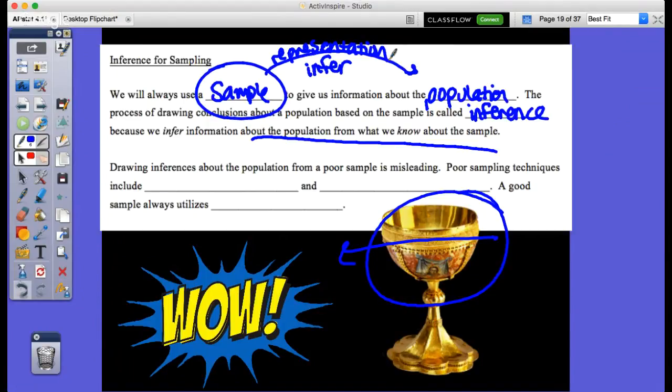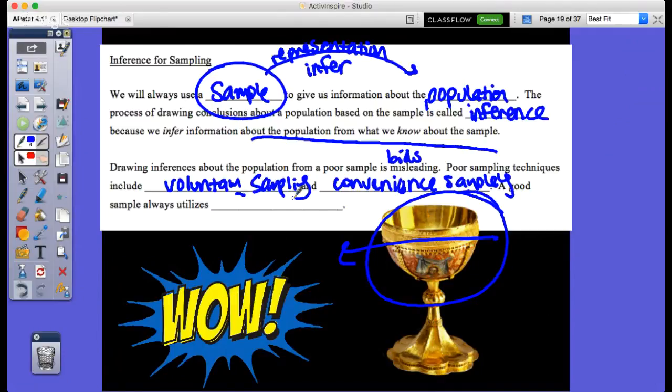Drawing inferences about the population from a poor sample is misleading. We call that bias, right? Poor sampling techniques include voluntary and convenience sampling, okay? You can put sampling after that. A good sample always utilizes random sampling, okay?